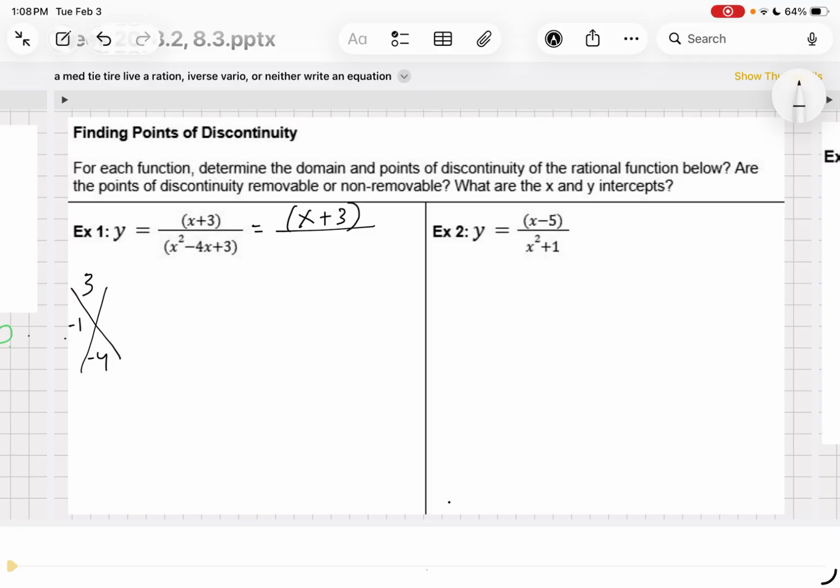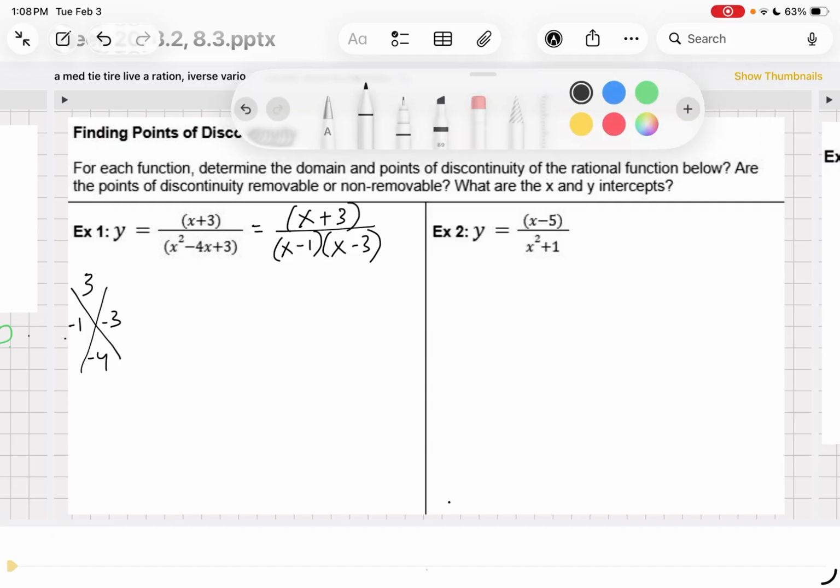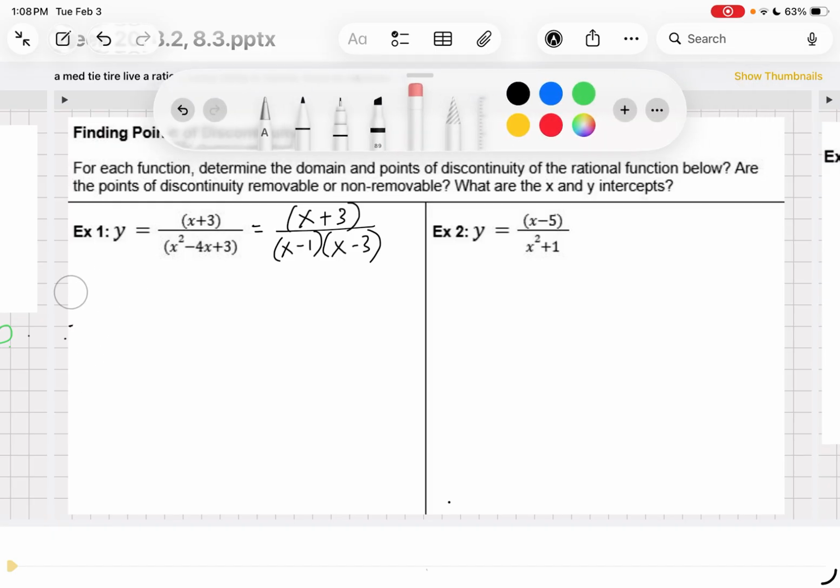Those are -1 and -3. So this expression is going to factor into x minus 1, x minus 3. If you aren't the strongest with factoring, I suggest you go back and watch some refresher videos on that. Let me know if you need some help, because we just don't have time to get into that right now. All right, so looking at my expression here.